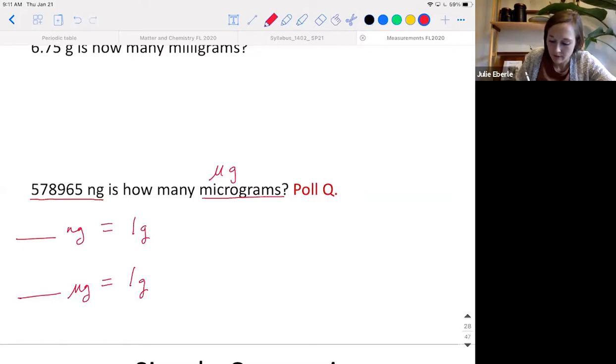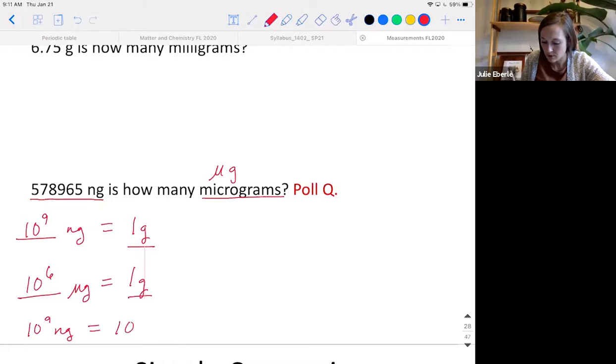So you should have 10 to the power of 9 and 10 to the power of 6. So remember, if they both equal 1 gram, you can say this, 10 to the 9 nanograms equals 1,000,000 micrograms. And there is your relationship.